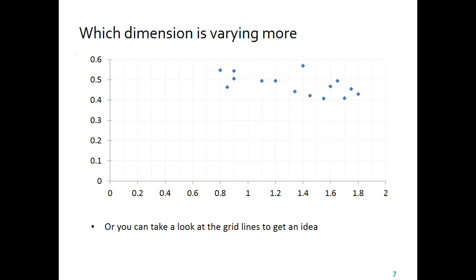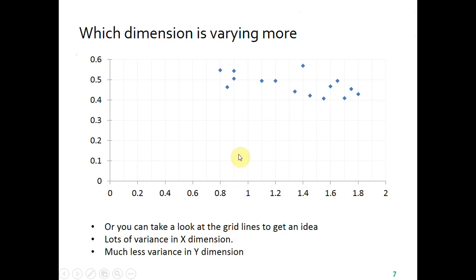If you think of grid line, it's very much what you are trying to draw perpendicular. Without even drawing perpendicular, it is varying from 0.8 to 1.8, and this data is probably 0.4 to somewhere here. So grid line eliminates the need of making multiple projections, and by just taking a look at the points and the grid line, you see how much it is varying.